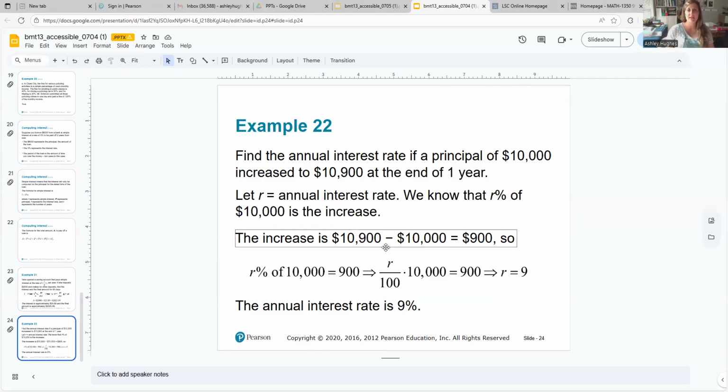It's like something out of 100 times 10,000 is equal to that 900. So these two zeros cancel with those two zeros, so we get x times 100 equals 900, and then we divide by 100. And so you get x equals, or in their case, r equals.